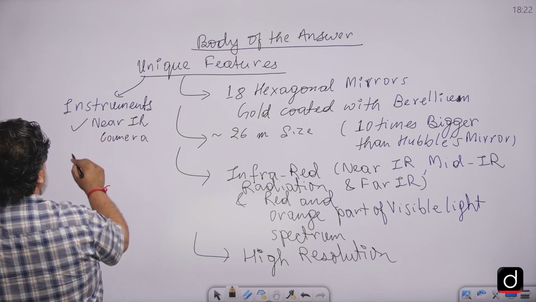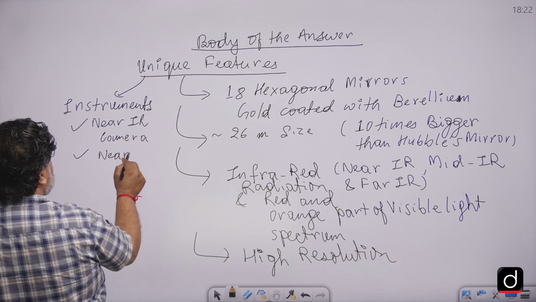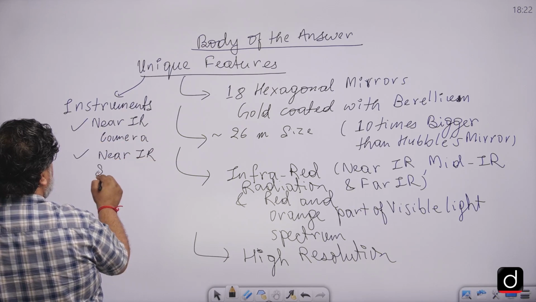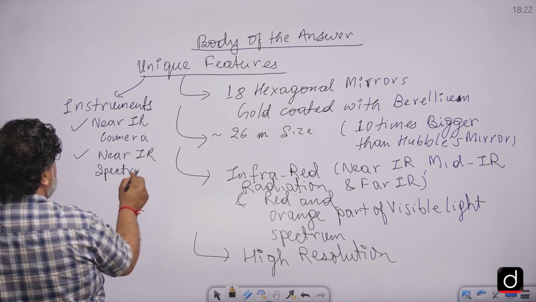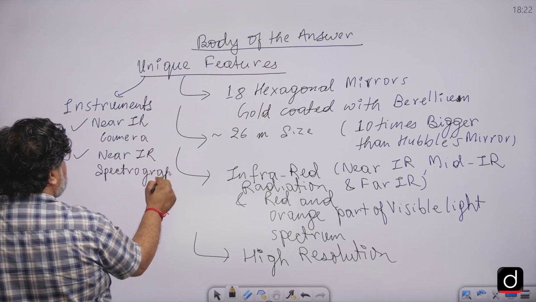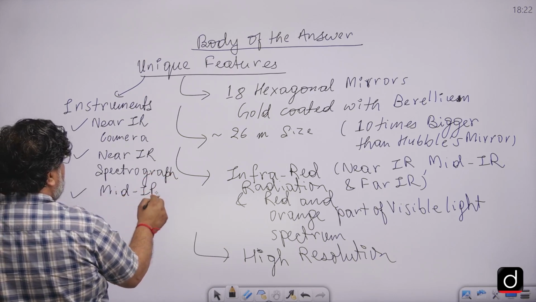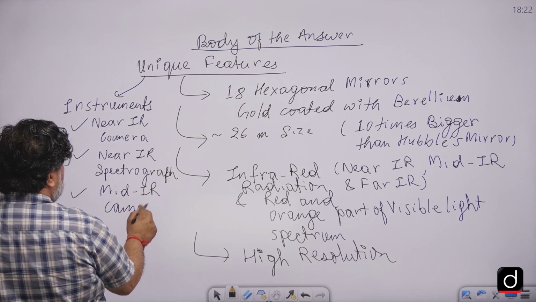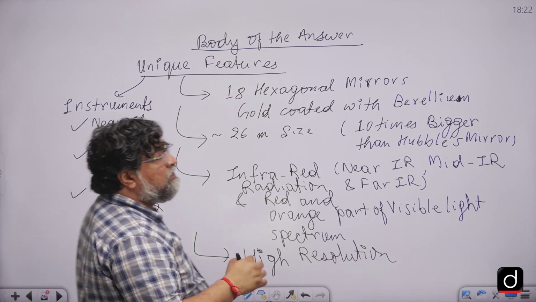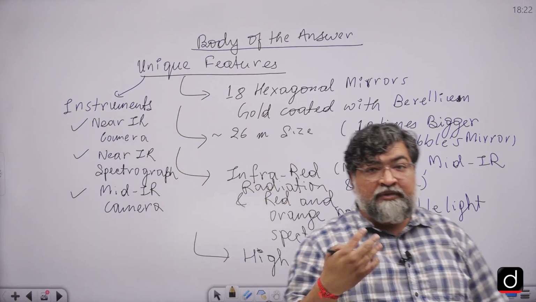Then it has the near infrared spectrograph, which it carries for making such observations. Then it has a mid infrared camera. So it has advanced instruments, and at the same time the mirror.